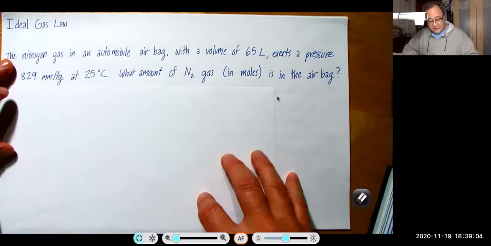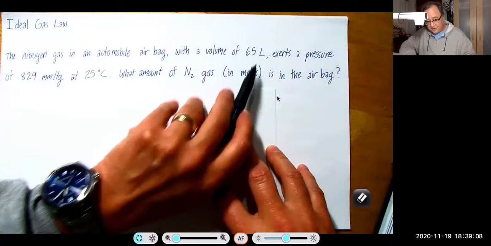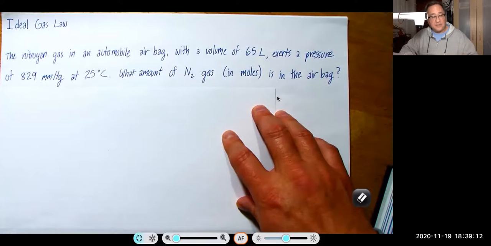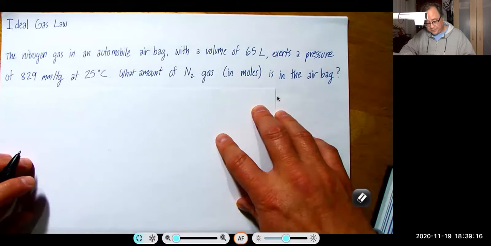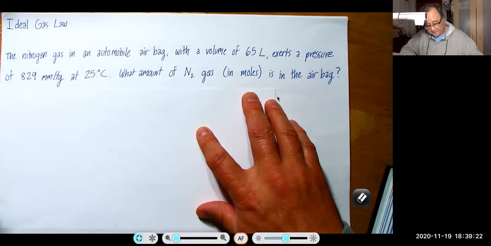The nitrogen gas in an automobile airbag with a volume of 65 liters exerts a pressure of 829 millimeters of mercury at 25 degrees Celsius. What amount of N2 gas in moles is in the airbag? So let's take a look at some of the information we could write.